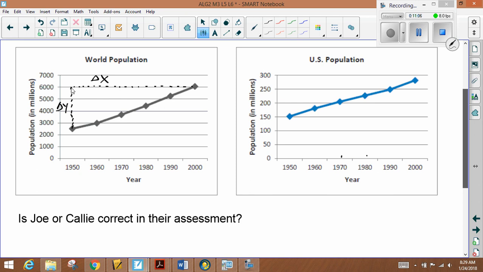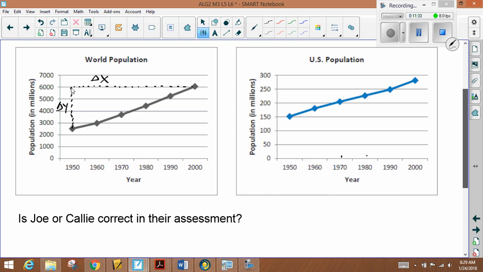So remember, we represent our slope as our change in y, delta y, over delta x, right? Some people call it rise over run. I don't like that because your y value doesn't always rise, right? Sometimes it anti-rises. It goes down. So I like to talk about it in terms of the change in y over the change in x.